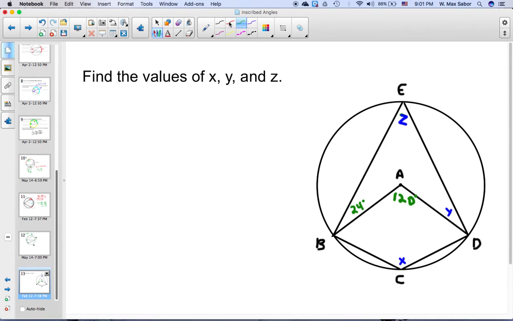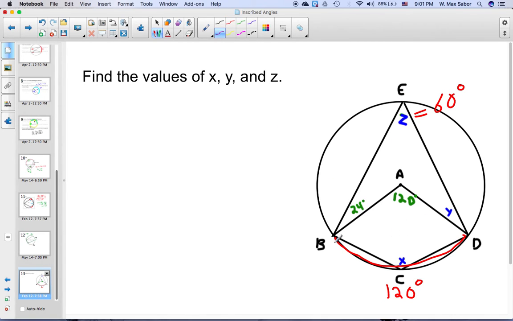All right, this is a tricky one. This 120 faces BD, so this is going to be 120 overall. Z is inscribed on that, so this will be half of that, so half of 120, this will be 60 degrees.